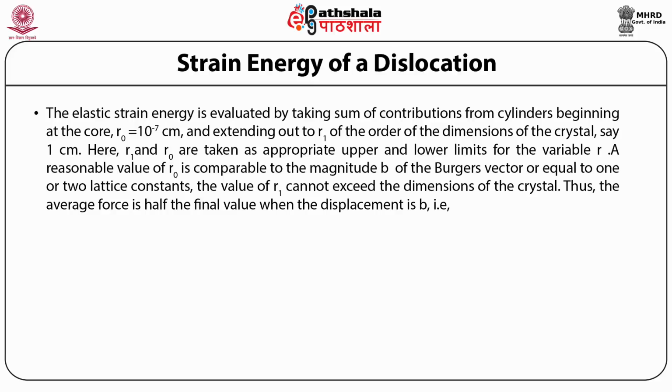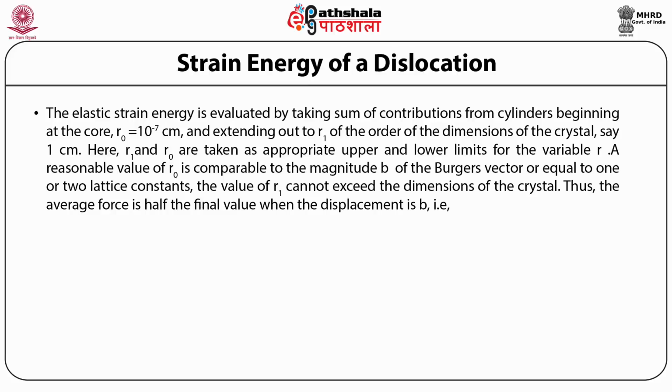Here R1 and rho are taken as appropriate upper and lower limits for the variable r. A reasonable value of rho is comparable to the magnitude b of the Burgers vector, or equal to 1 or 2 lattice constants. The value of R1 cannot exceed the dimensions of the crystal.